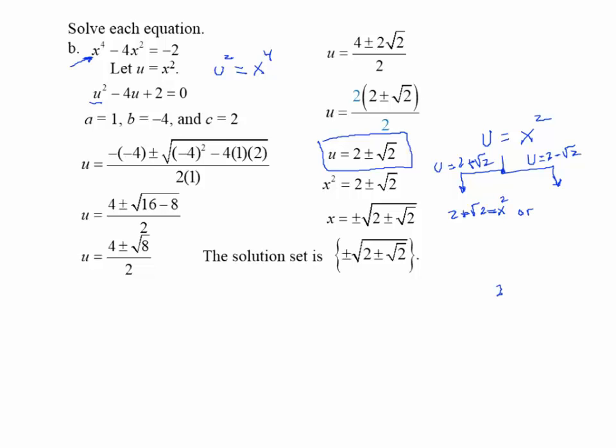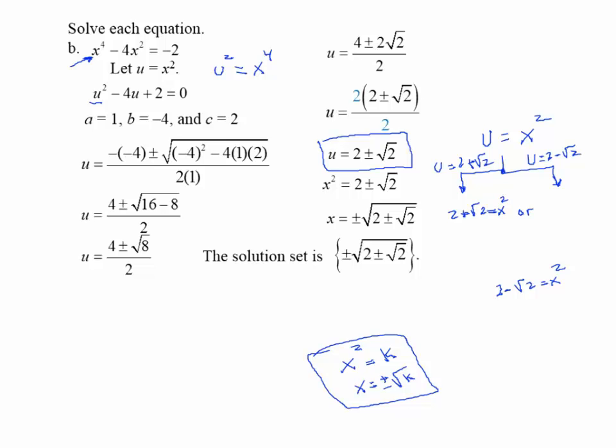Or the second case would be 2 minus radical 2 is equal to x squared. Now here, to solve for x, you need to take a square root of both sides. If you recall, if I have x squared is equal to k, x would be equal to plus and minus radical k.